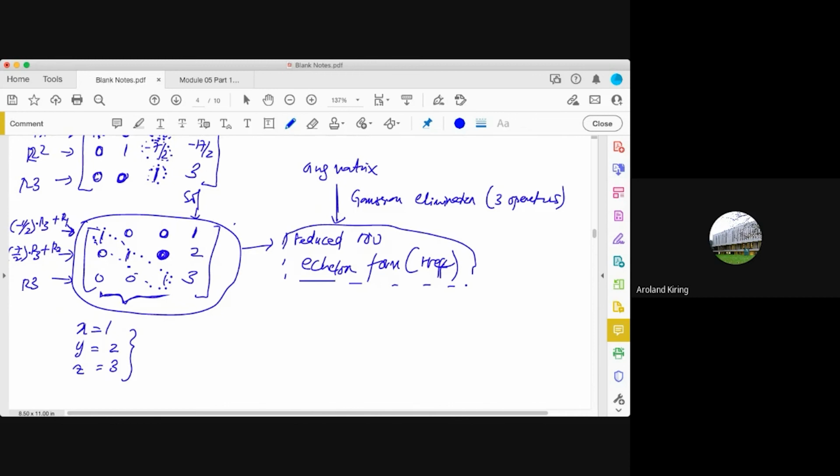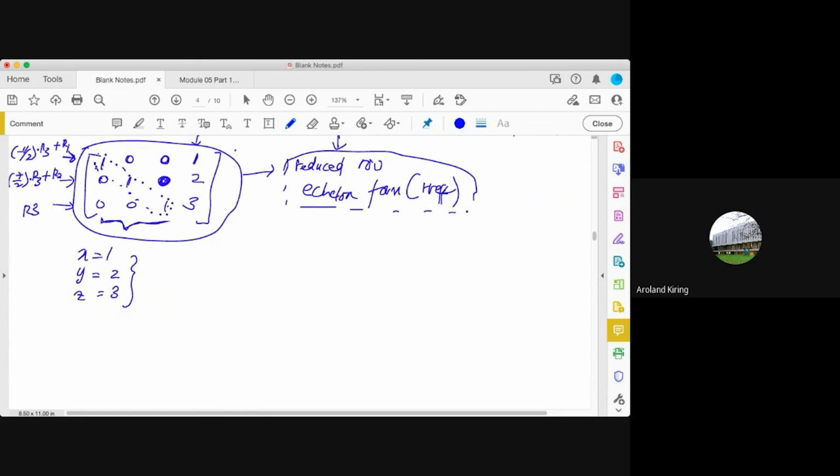Because some matrices, you might not be able to get this identity matrix. Okay, so for some problems, if you use Gaussian elimination, you won't be able to get a very nice identity matrix. Okay, but that doesn't mean that you haven't solved the problem. You still can solve the problem without having this identity matrix.